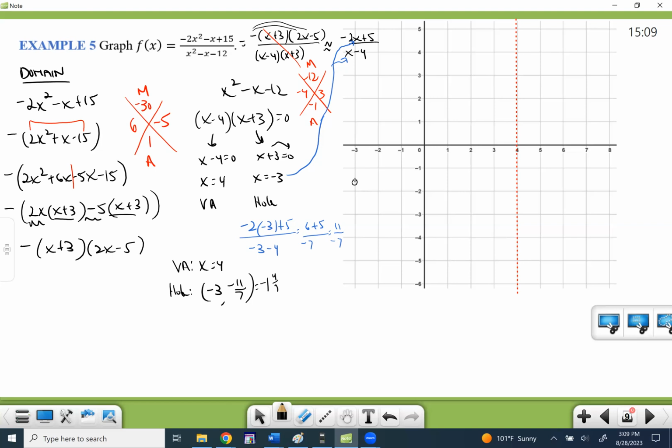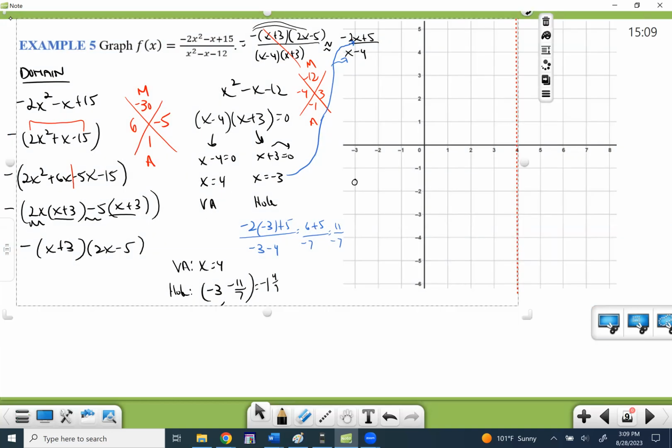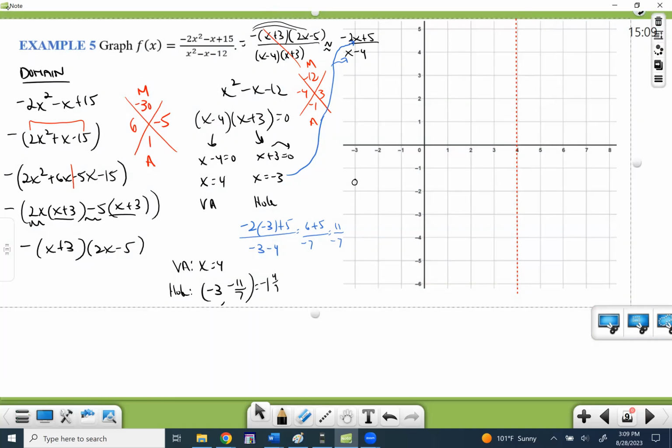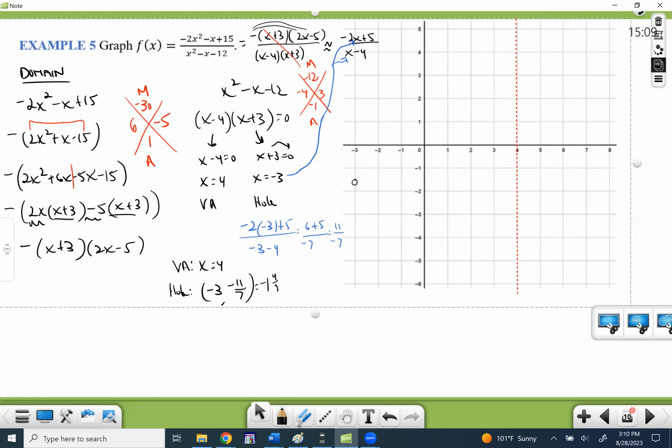Cool, I'm already feeling crowded on this screen. So I am going to take all this stuff and go to the next slide with it.